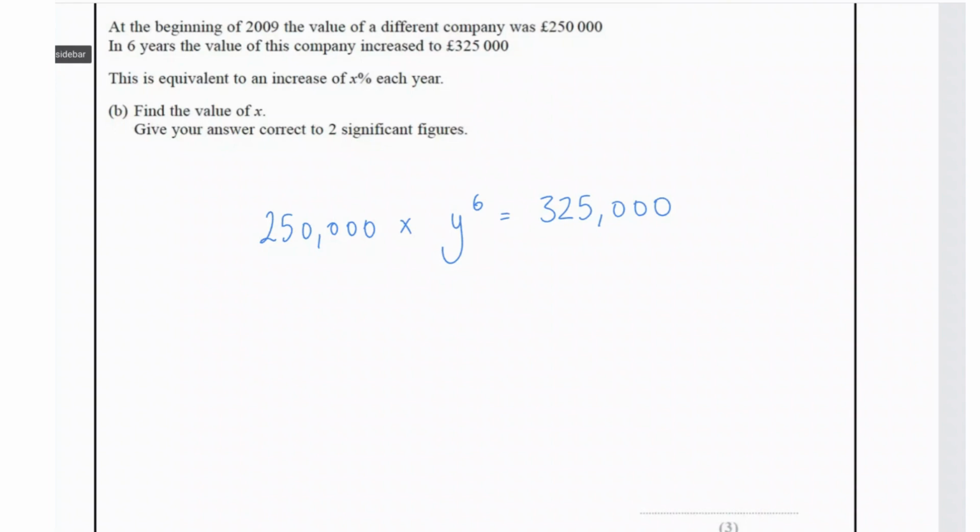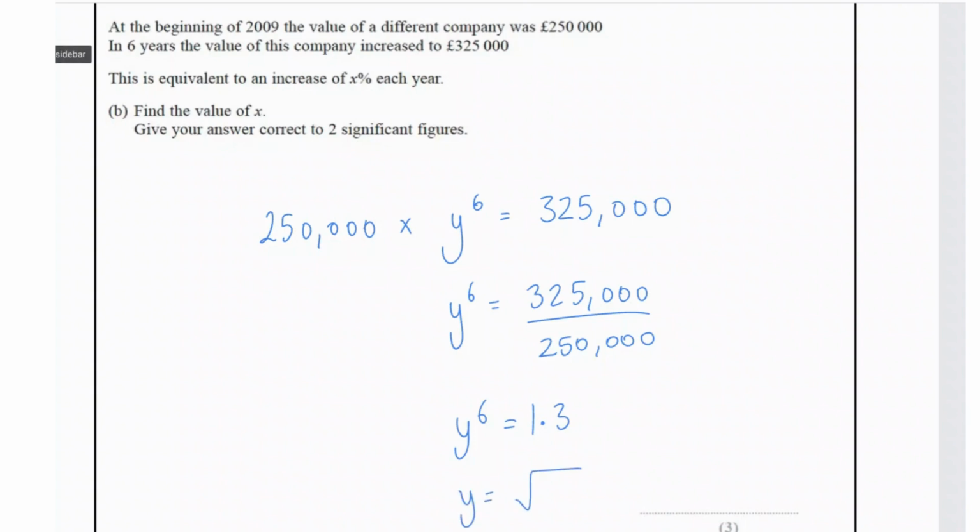What is Y then? Well, to start with, we make Y the subject, so we divide by 250,000. And that gives us Y to the power of 6 as 1.3. To figure out what Y is, we now need to do the sixth root of 1.3.